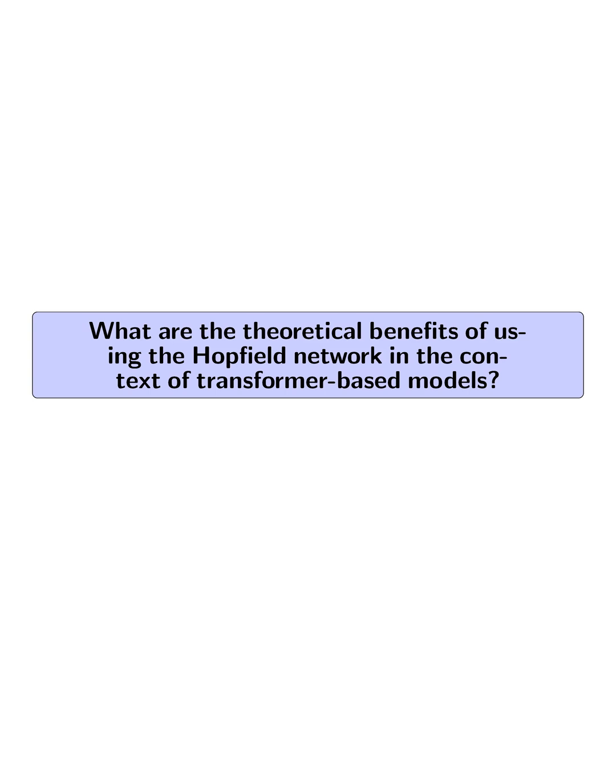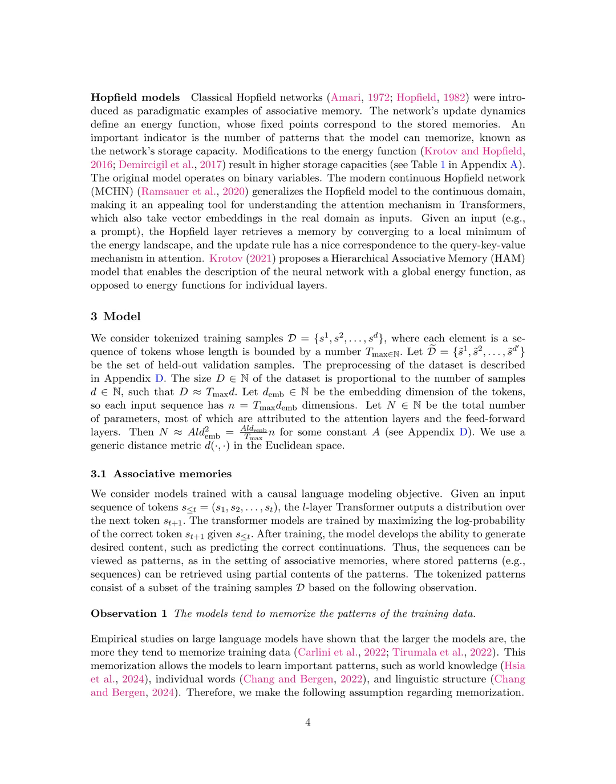What are the theoretical benefits of using the Hopfield network in the context of transformer-based models? The theoretical benefits of using the Hopfield network in the context of transformer-based models lie in its ability to model associative memory, which allows for the storage and retrieval of patterns based on partial content.